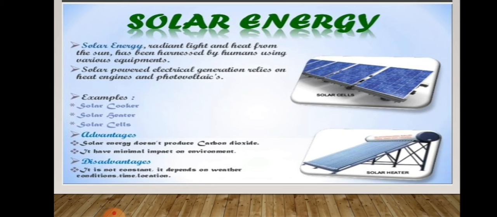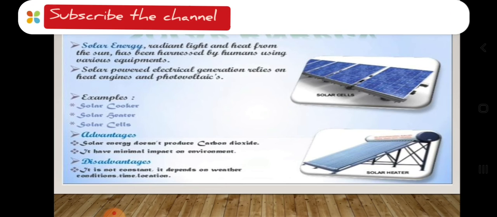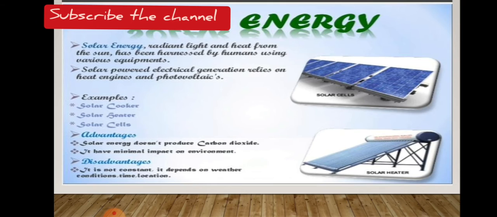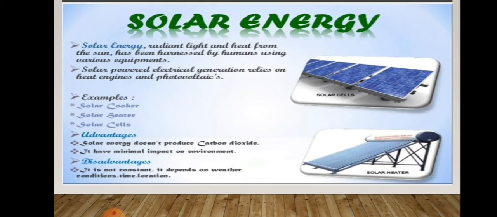Advantage: solar energy does not produce CO2 and it is environment friendly, with minimal impact on the environment. Disadvantage: it is not constant because it depends upon weather conditions, time and location.